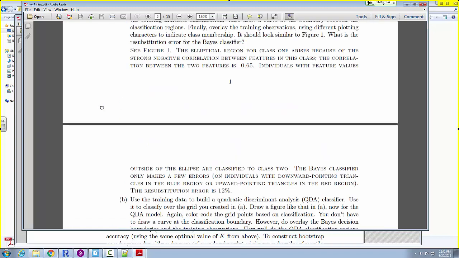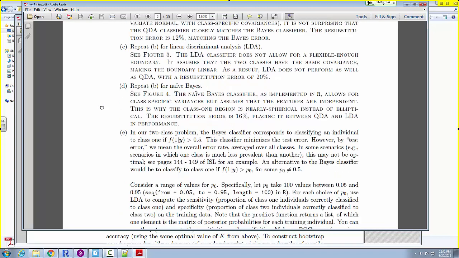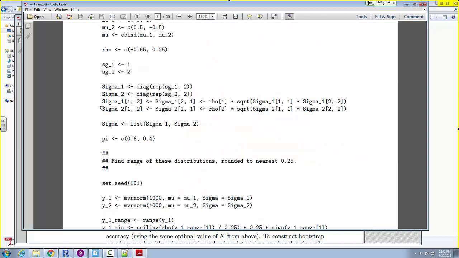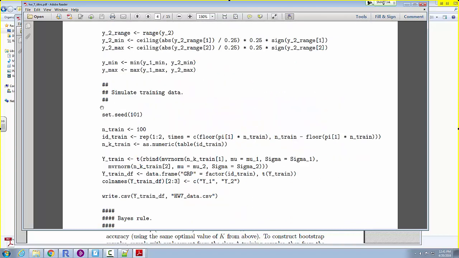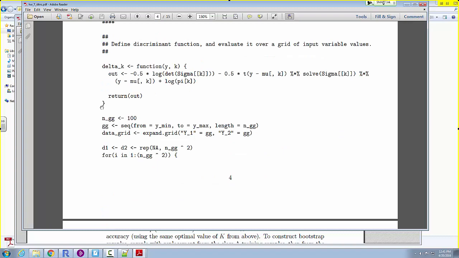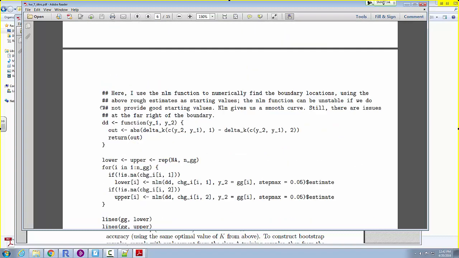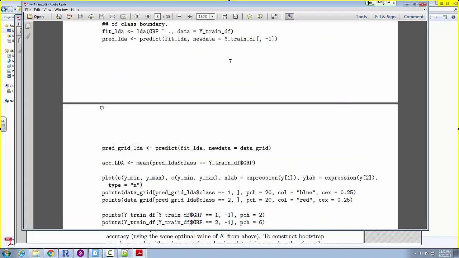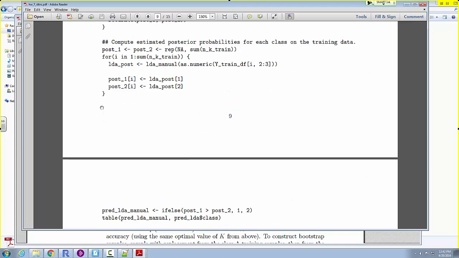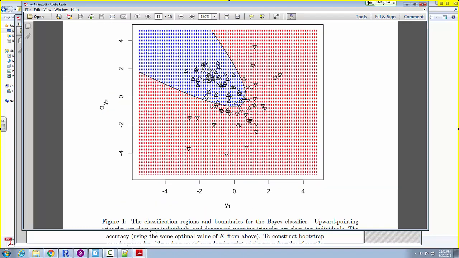For example, in the Introduction to Statistical Learning book, they have pictures that look like that. So they have a picture that says these are the classification boundaries for a two-dimensional classifier.